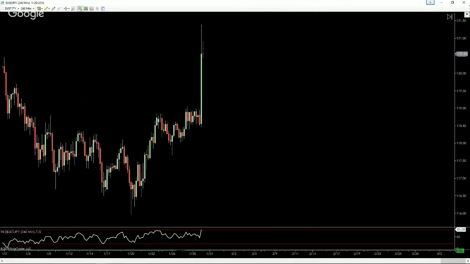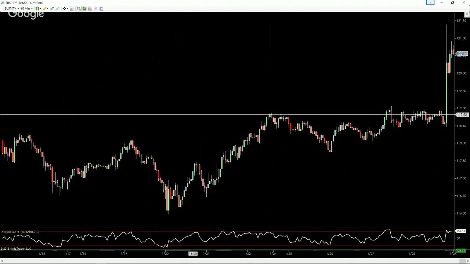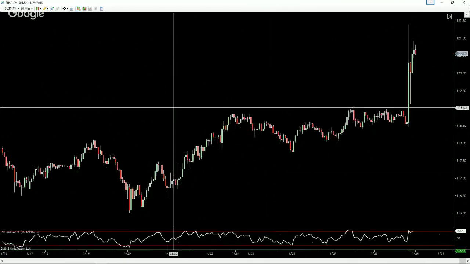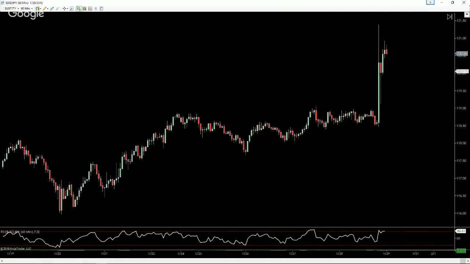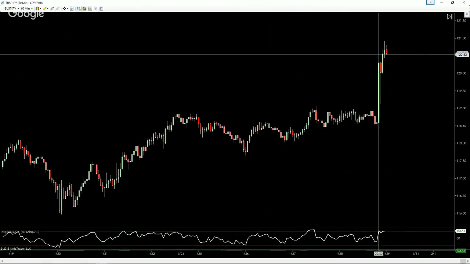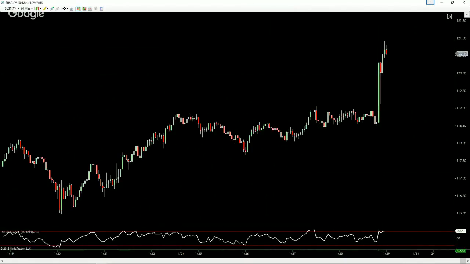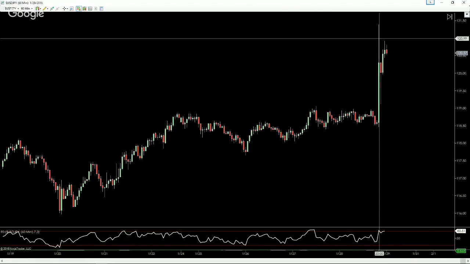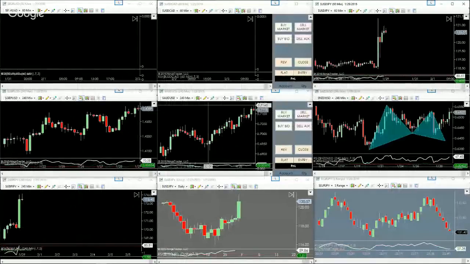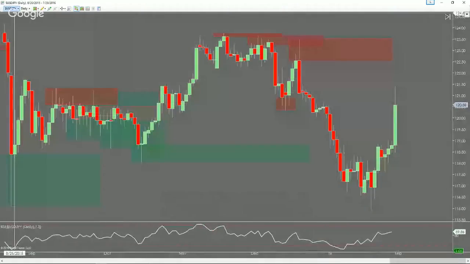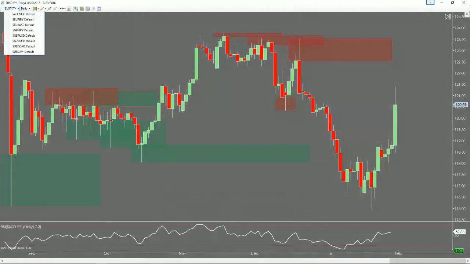Nothing there. Looks like something came out recently, probably some sort of news, and you'll usually find these kinds of candles during those times. So we'll see.